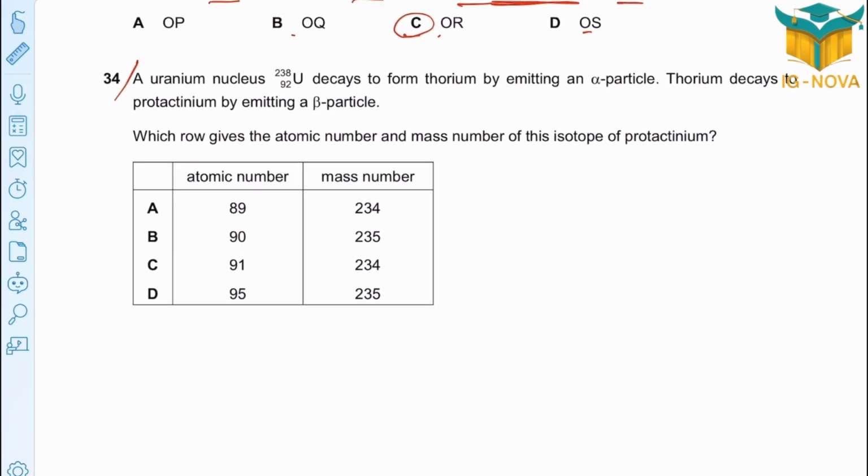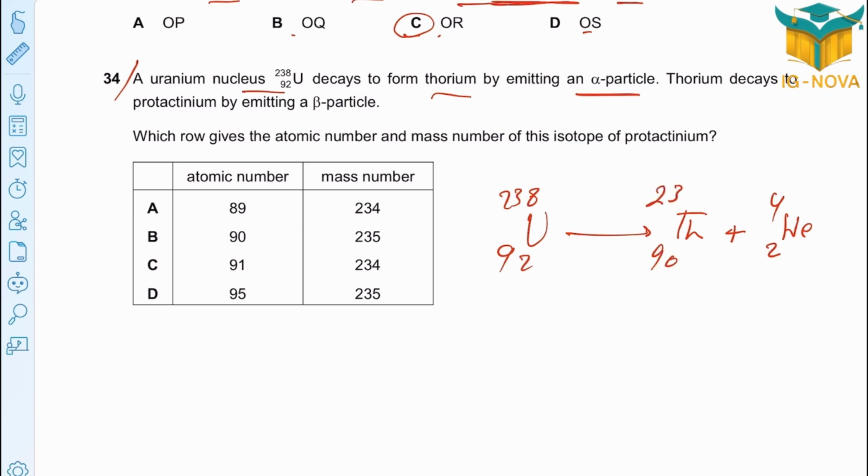Question 34. A uranium nucleus, U 92 and 238, decays to form thorium by emitting an alpha particle, described as He 2 4. Getting the difference, it's 90 and 234. Great.